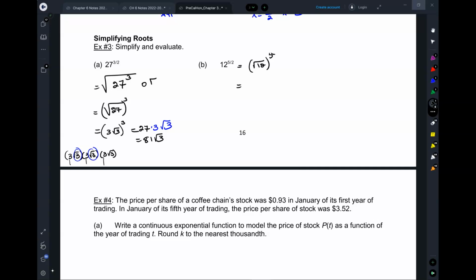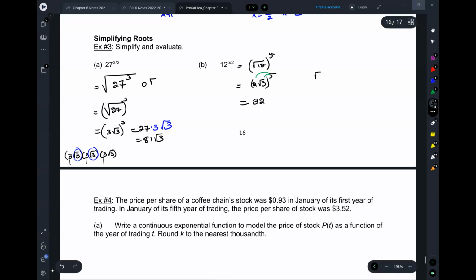Okay, so this one, root 12 is 2 root 3 to the power of 5. And then remember, the 5 belongs to both of these, right? And 2 to the 5, what is it these days? 32. 2 to the 6 is 64. And then root 3 to the 5.